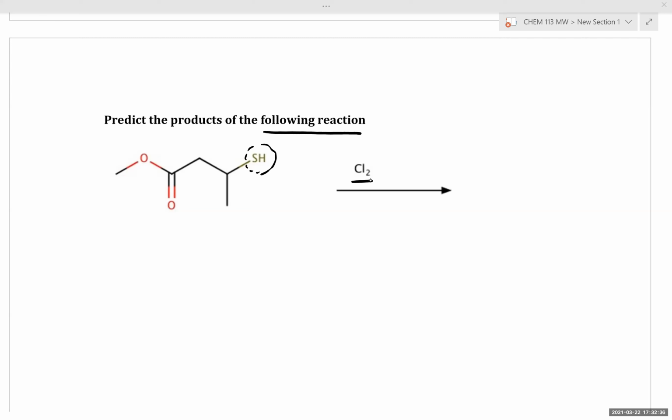If we treat a free thiol with chlorine, bromine, or iodine, what product will we observe? Would anyone like to share their perspective in the chat or verbally?